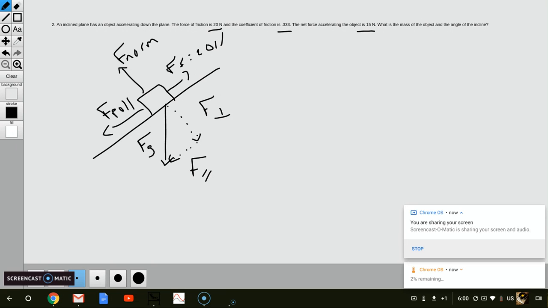I've given it to you in a way where you can find them, but you have to do some work first. So we're going to start by finding F norm, because that's going to be the earliest. F friction equals F norm times mu. Now, F friction is 20. F norm we don't know.